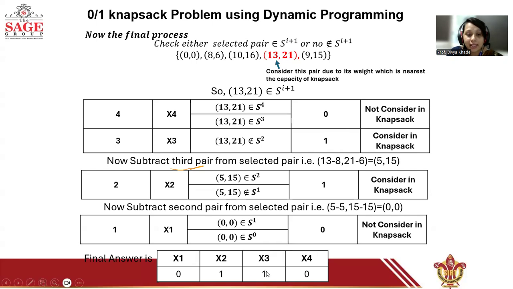That's why we have kept X3. Now, after removing the 13 21 weightage of item 3, we are left with 5 and 15. Now, we have to see where we are getting 5 and 15 from. 5 and 15 we are getting from set 2 and not from set 1, which means we have to pick item number 2. Other remaining items become 0, and you are here with your final answer that out of 4 items, we only have to pick X2 and X3, which is item 2 and item 3.